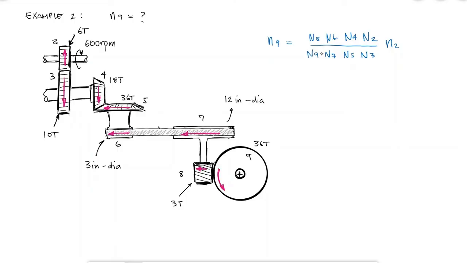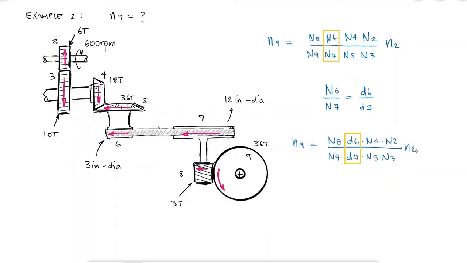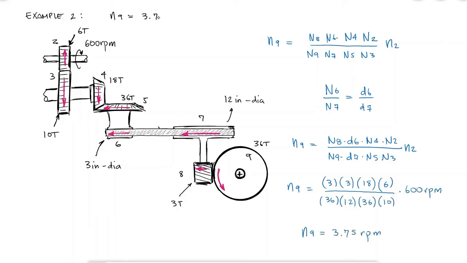Since elements 6 and 7 are not really gears, I would not be able to use information about their number of teeth. However, since the ratio of number of teeth is the same as the ratio between the diameters, which is the first relationship we learned, I can rewrite the expression in terms of diameters for 6 and 7 to find that the speed of gear 9 is 3.75 RPMs, and that in the counterclockwise direction.